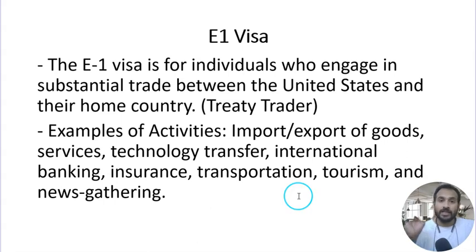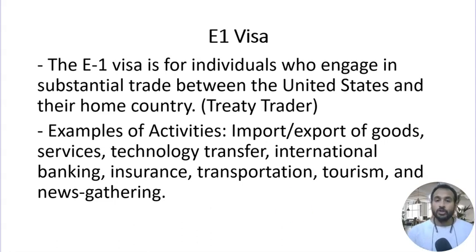And again, only specific countries fall in this category, and unfortunately, India is not one of them. There are 78 countries in treaty with the United States for trade, commerce and navigation, but India is not among them. So other than India, whoever falls in that category can do business with the US with this E1.